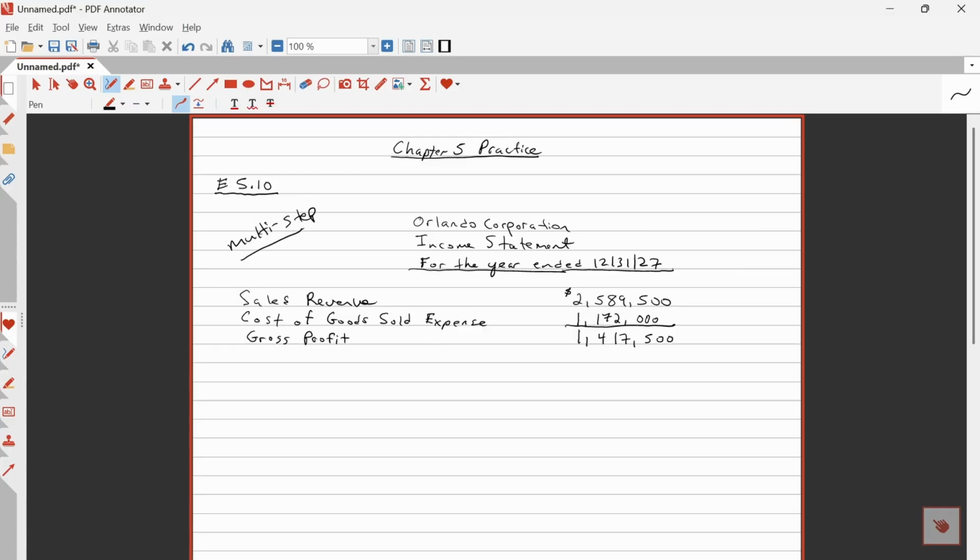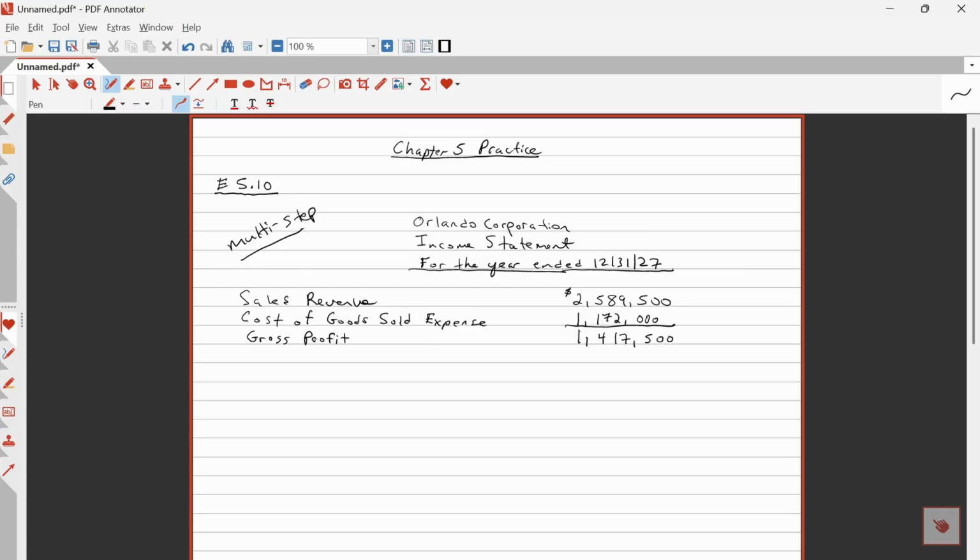We're a retailer, in this chapter a merchandising company, not a manufacturer. We don't make the goods ourselves. So this is the cost to us of buying those goods that we ended up selling. Unless we incurred this cost to buy them, we wouldn't have gotten that revenue from selling them. So because we incurred this cost, that led to this revenue. That's a one-to-one, direct causal relationship.